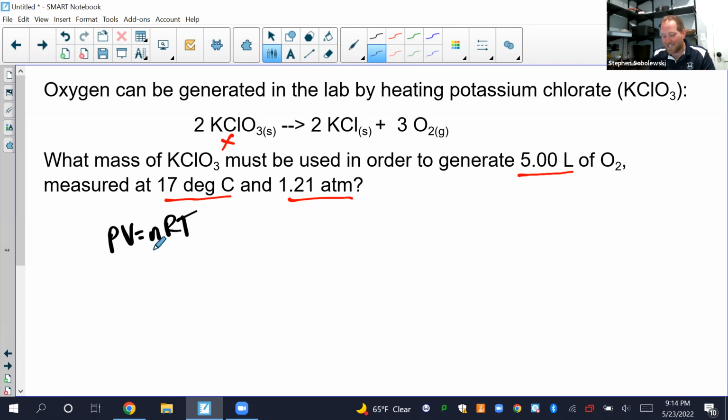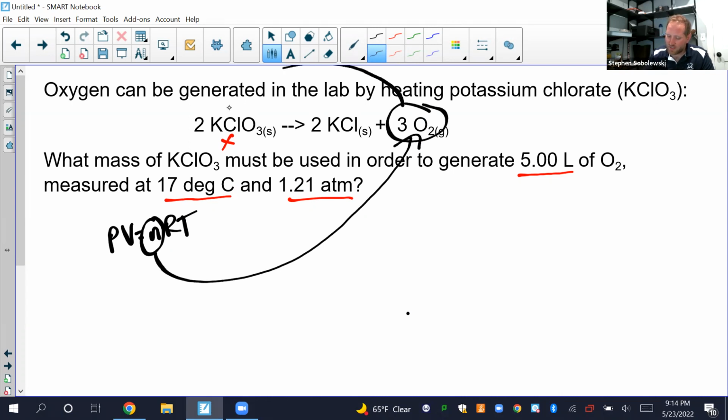We're going to use the ideal gas law to solve for n, grab this n value, which is moles of oxygen, plug that in here, use stoichiometry to find moles of KClO3, and then take that value and find our mass. So it's kind of like the opposite of the last problem. In the last problem, we started with stoichiometry to find moles, then plugged that into PV = nRT. Now we're starting with PV = nRT to find moles, running that through stoich.